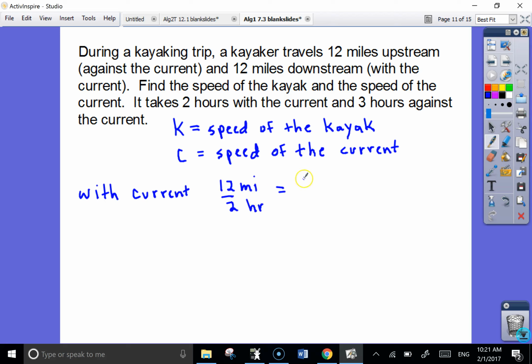So he went 6 miles per hour. Against the current, he did 12 miles in 3 hours. So that's only 4 miles per hour.